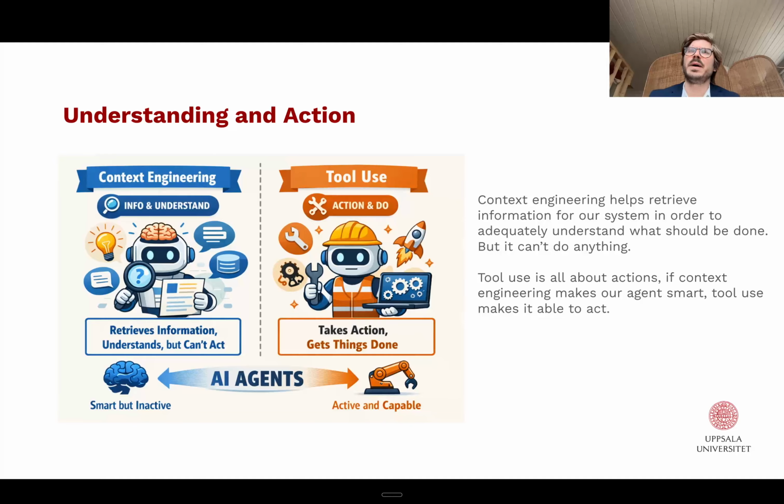But if you think about this for a while, you realize that the actions are actually what constrains the ability of the model, right? Because if the model only knows and can only understand, maybe it can tell you something, but it can't actually do anything, right? So this tool use is actually very important.